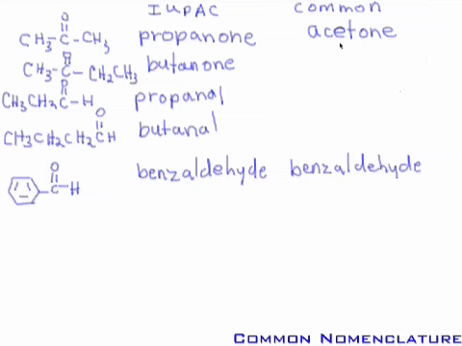When there is no special name like acetone, a common method of common nomenclature that was accepted was to use the word ketone for the carbonyl group and separate words for the alkyl group. So we have a methyl on one side of the carbonyl, we have an ethyl, and so we say methyl ethyl ketone. Typically, the smaller group, methyl, is listed first in common nomenclature.